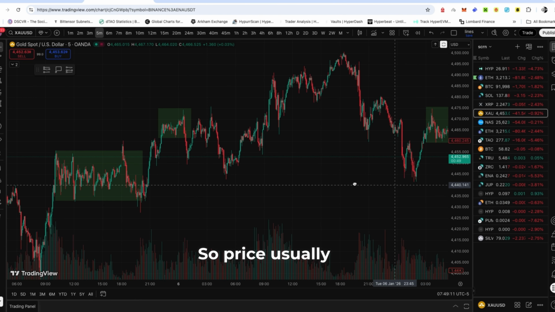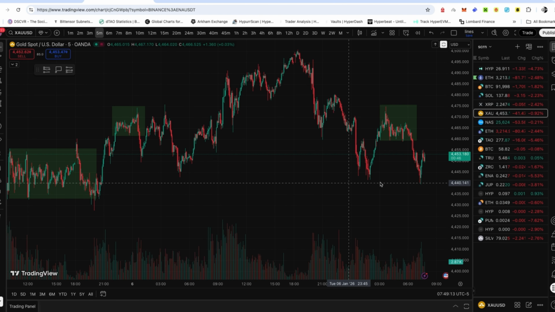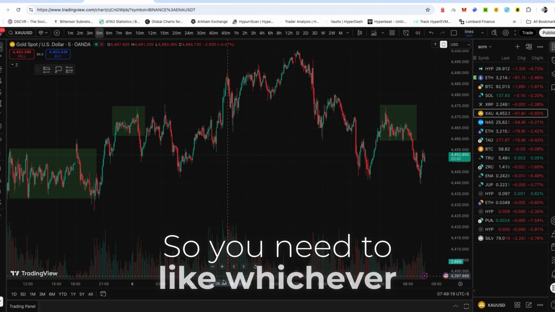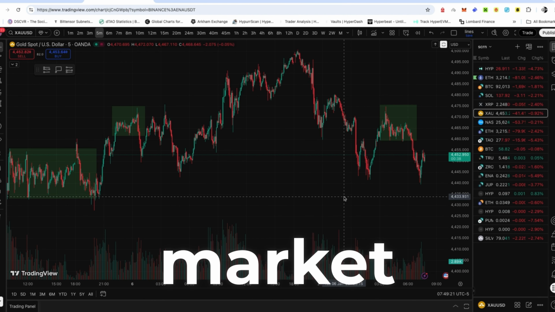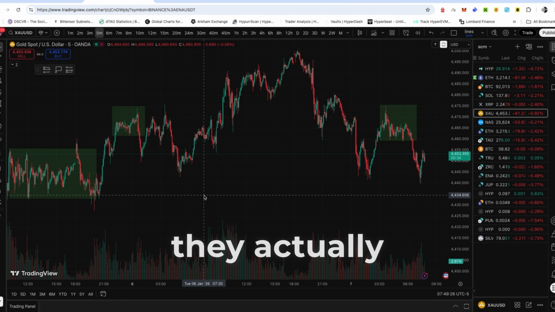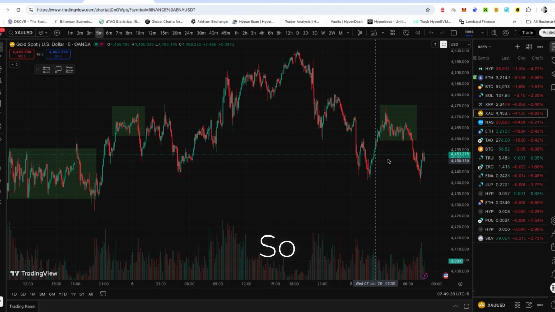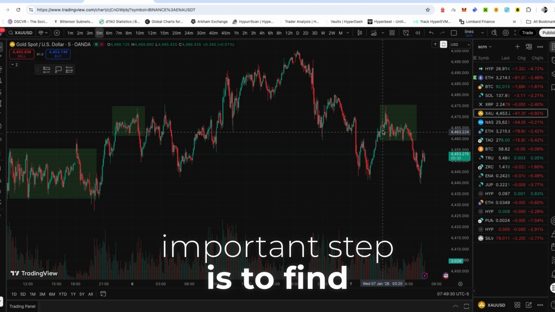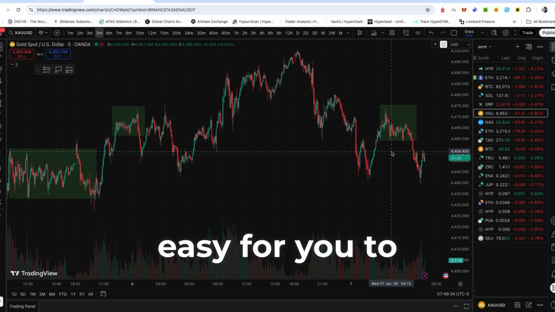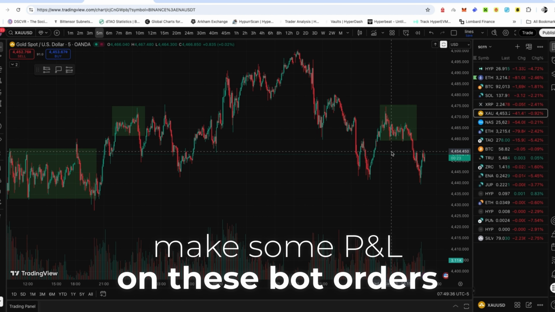So price usually ranges during the London afternoon session, Asia, and New York afternoon session. Whichever pair you are trying to market make, you have to go through the chart and see where they actually range. That is the most important step, finding trading ranges. Once you have that, it's easy to make some PNL on these bot orders.